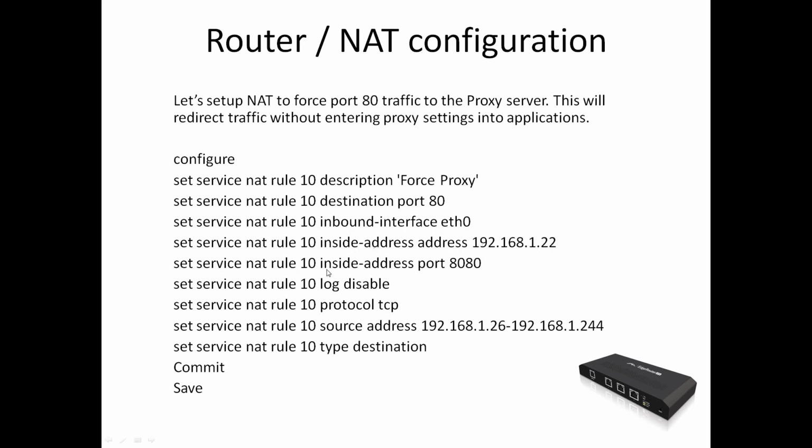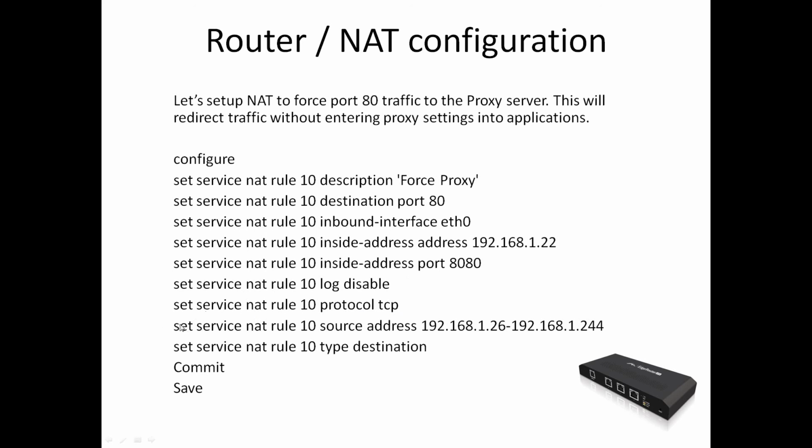We want to make sure that we send it to port 8080, which is what we configured in that Squid config file. So when we get a request on port 80, we send it to this address on port 8080. I don't want to log every packet we send through there. There's no need to do that. This is a joke thing, and there's just no need for all that logging. Web protocol is over TCP. It is not UDP. It's a TCP packet.